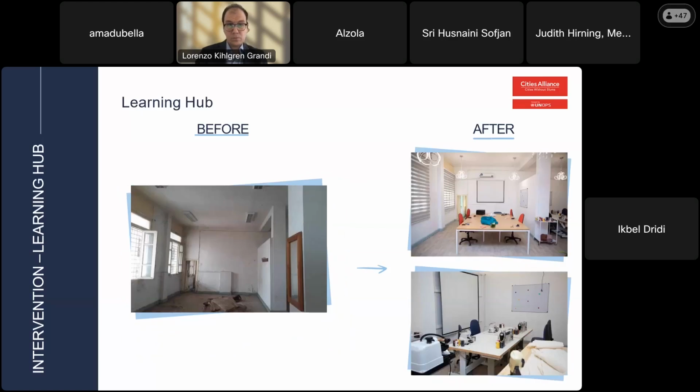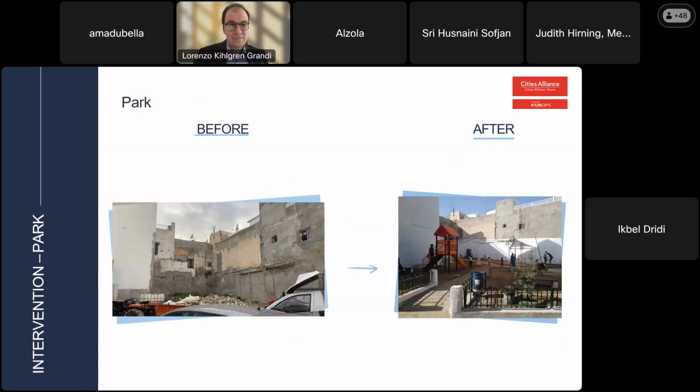Then another intervention converted a disused municipal space into a multidisciplinary training center, offering courses in hairdressing, tailoring, etc. And finally, an abandoned space was also turned into a children's playground and relaxation area for women, and also a study area for nearby high school students.